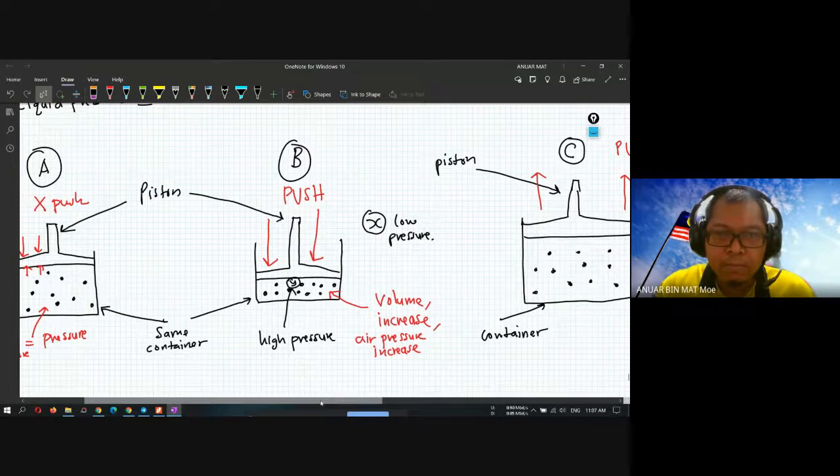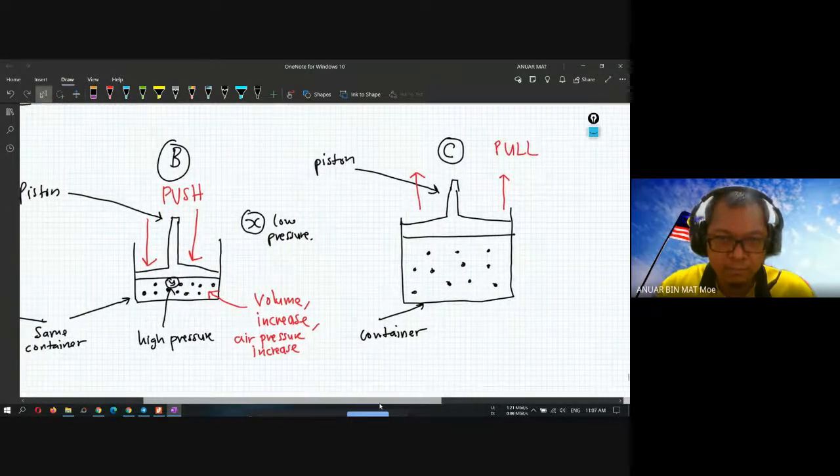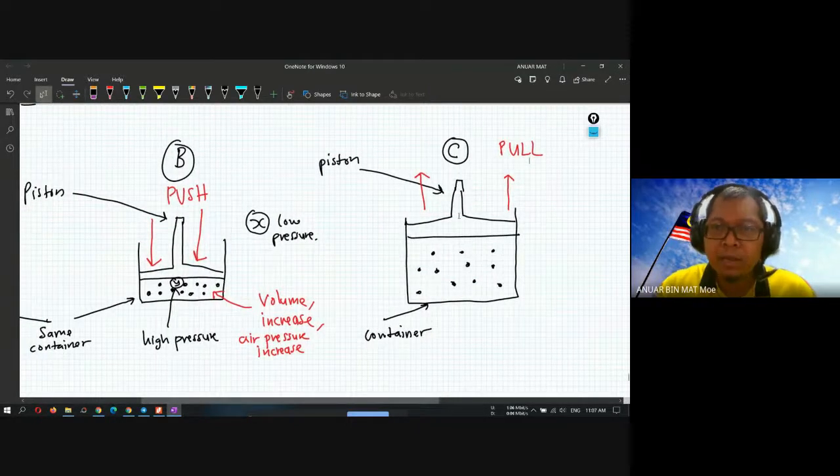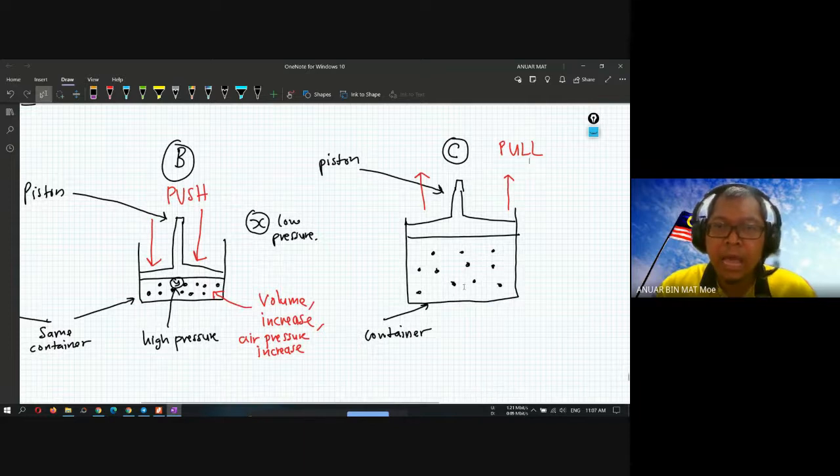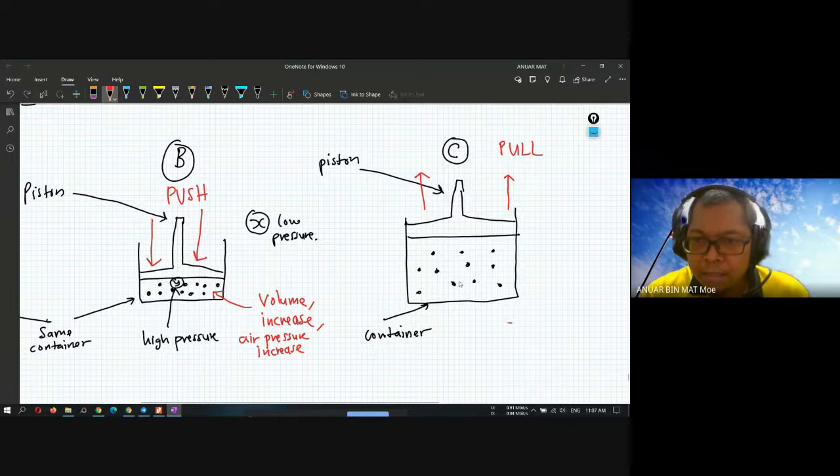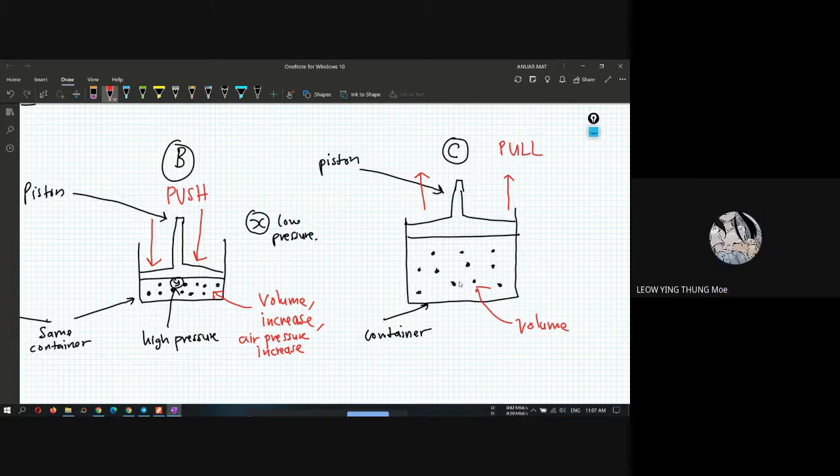How about in C? This is another one. I pull the piston upward until the volume inside becomes what? What happened to the volume of air inside? Is it increase or decrease? Decrease. Yes.